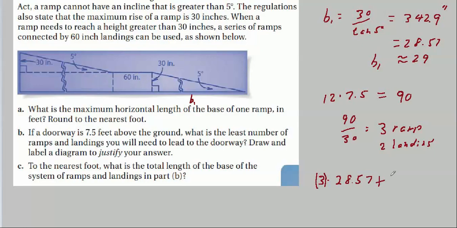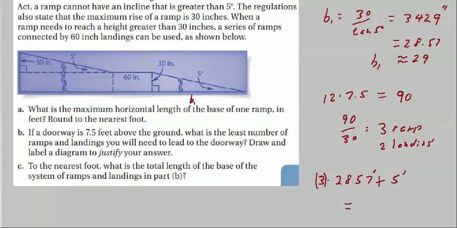You know, in this case, we got feet here. If we're going to add these up, adding inches and feet just does not make sense. So let's convert 60 inches to feet. If you divide 60 by 12, I would get 5. I think everyone else would too. So that's 5 feet.